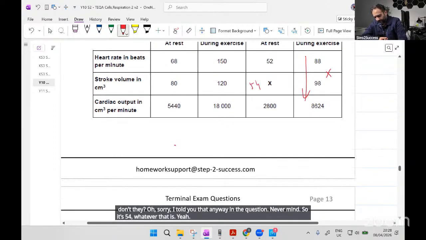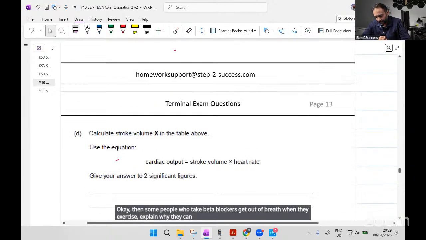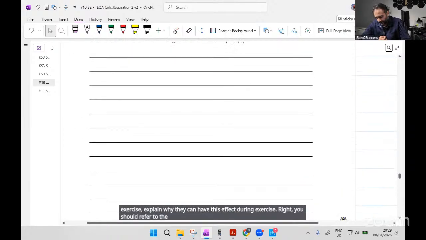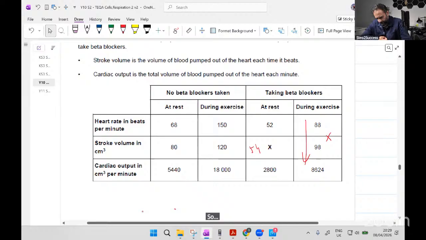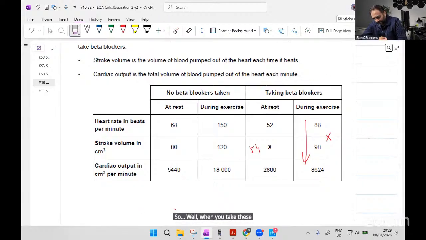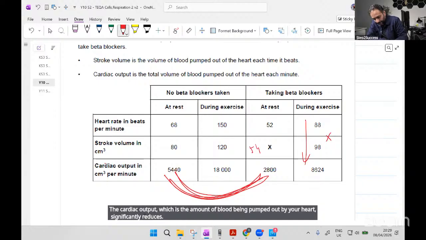Then, some people who take beta blockers get out of breath when they exercise. Explain why they can have this effect during exercise. You should refer to the information. Well, when you take these blockers, the cardiac output, which is the amount of blood being pumped out by your heart, significantly reduces compared to if you don't have those.